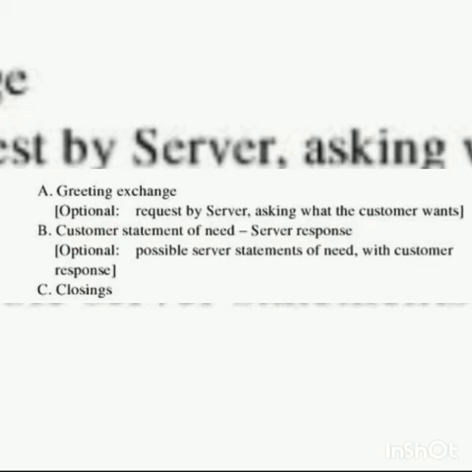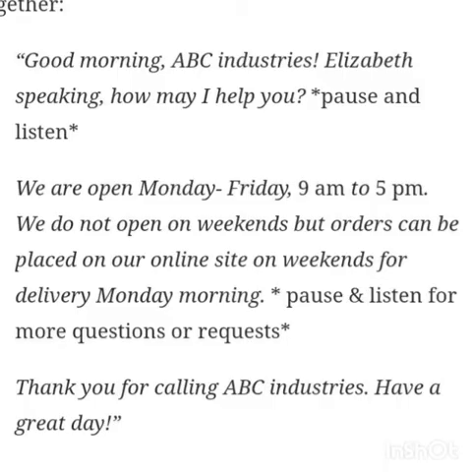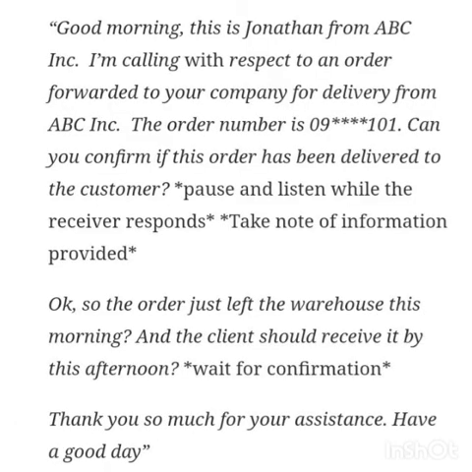Now read two scripts of service encounters carefully and try to answer the following questions. The first one, can you guess the layout of the dialogue? The second one, which type of service encounter is it? And the third one, have you discovered any striking characteristics of service encounters?